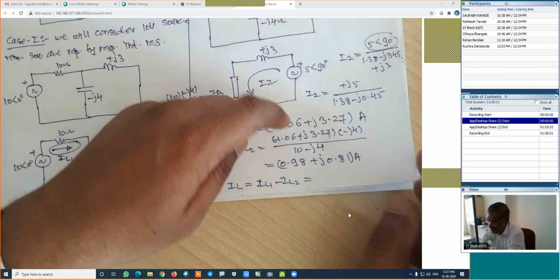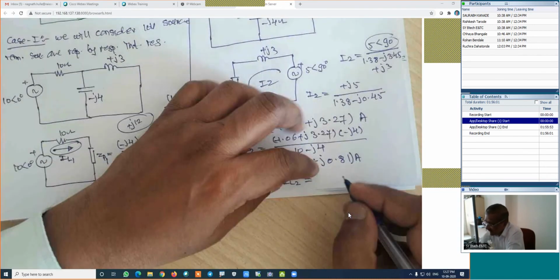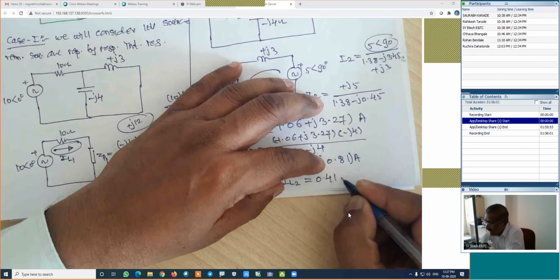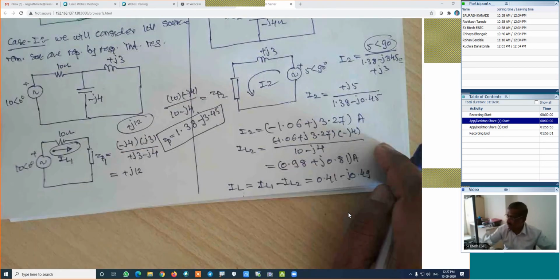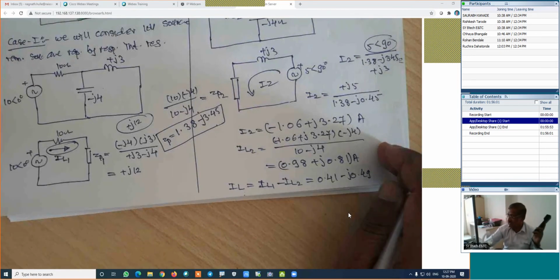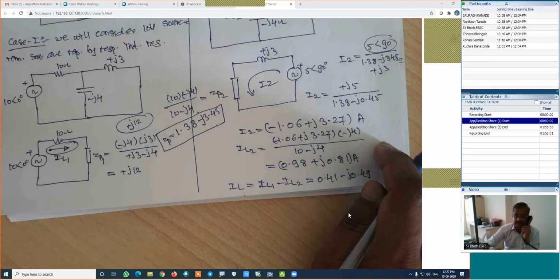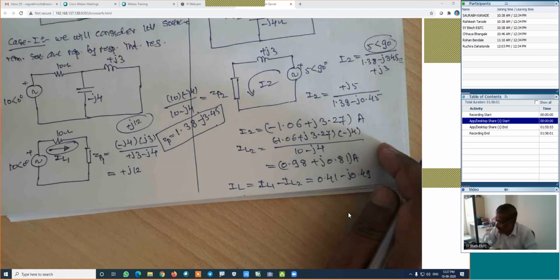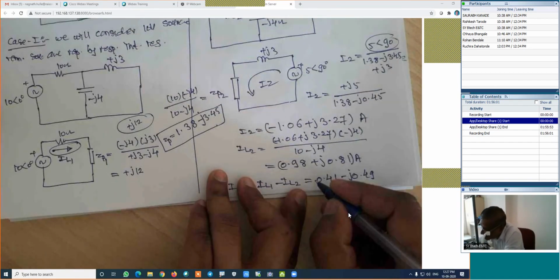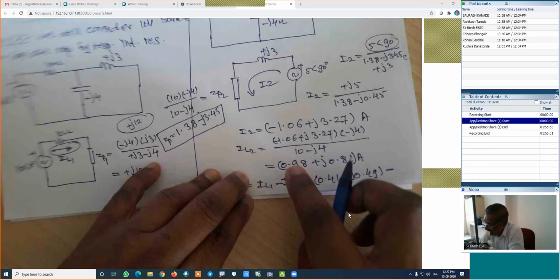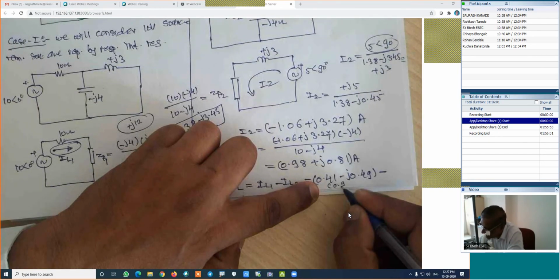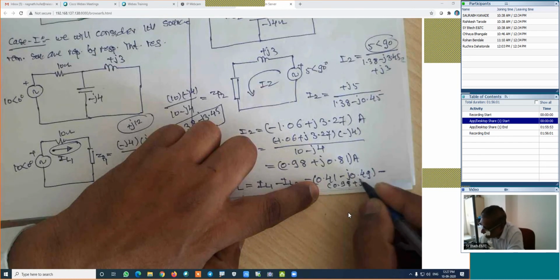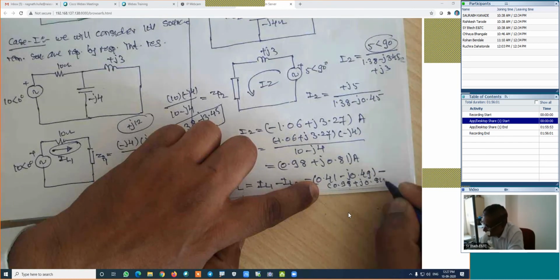How much is IL1? This value is 0.41 minus j0.49. In bracket, minus this value, which is 0.98 plus j0.81.